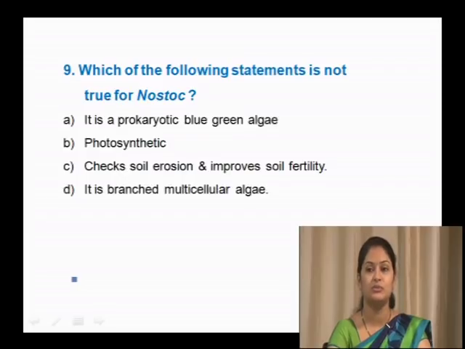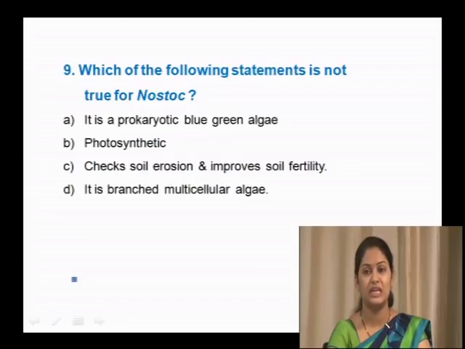That is also true because the mucilaginous sheath of Nostoc will hold the soil particles together, thereby avoiding soil erosion. And of course it improves the soil fertility also because it contains a specific cell called heterocyst, which with the help of an enzyme called nitrogenase will fix the atmospheric nitrogen.